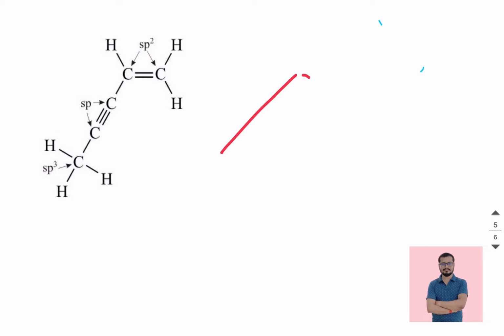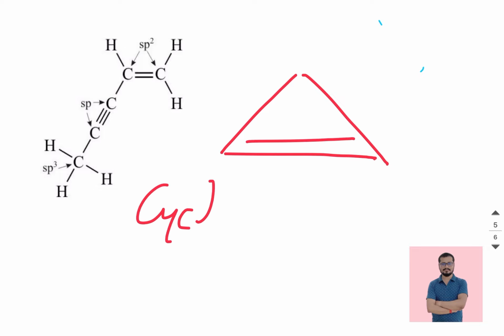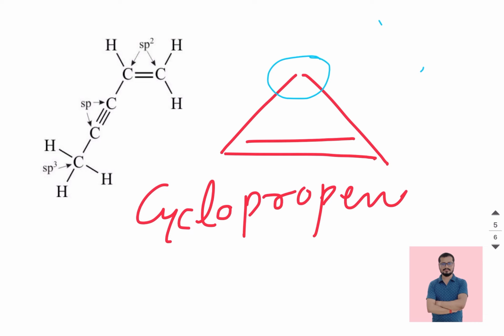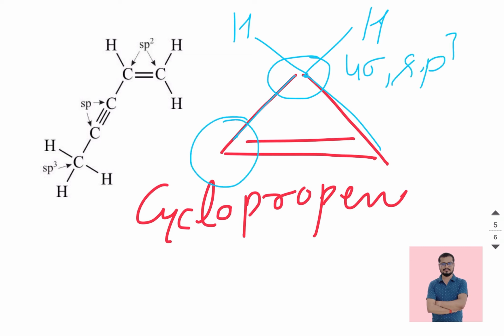Suppose another example is given. This is cyclopropene. Here find the hybridization of each carbon. So this carbon has 4 sigma bonds: this and this with carbon, and the remaining 2 with hydrogen. So this has sp3 hybridization. This carbon has 2 sigma bonds with carbon and 1 sigma bond with hydrogen, so it has 3 sigma bonds.